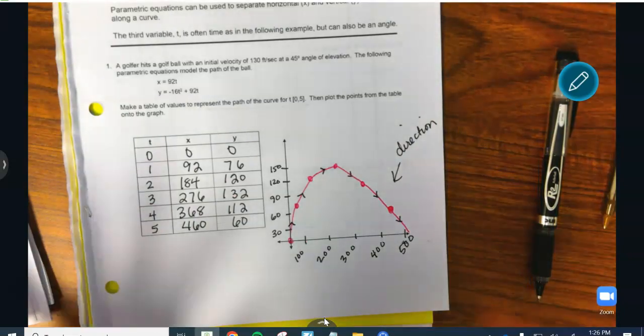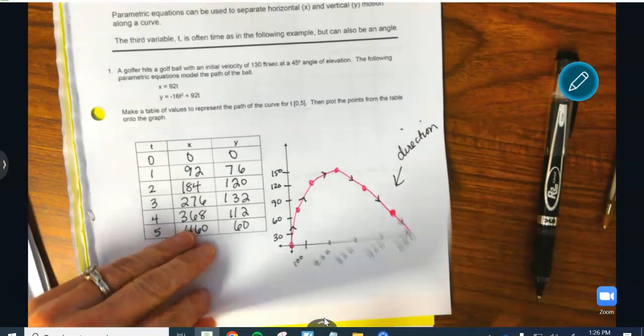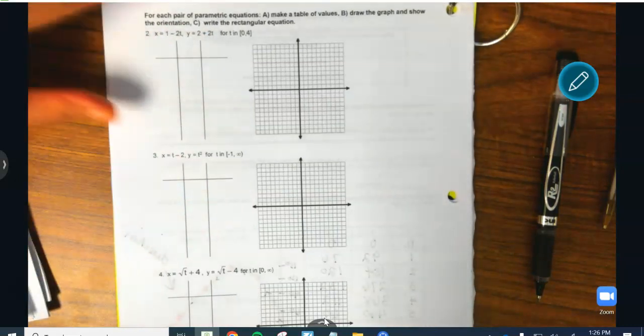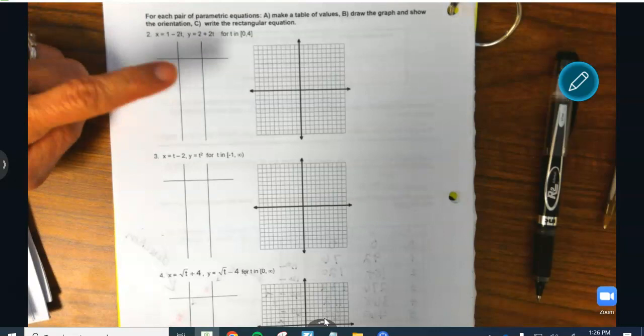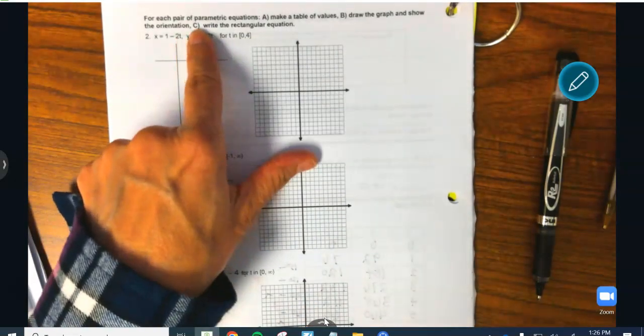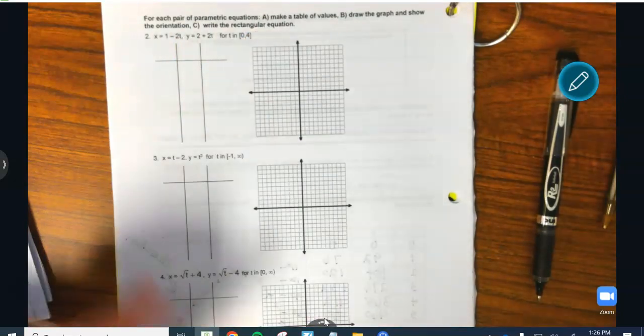All right, so let's go ahead and practice some non-story questions, just some straight computation. So on number 2, we've got a couple of equations here. For each pair of parametric equations, make a table of values, draw the graph and show the orientation, and then we're going to do an additional piece that we didn't do on the front.